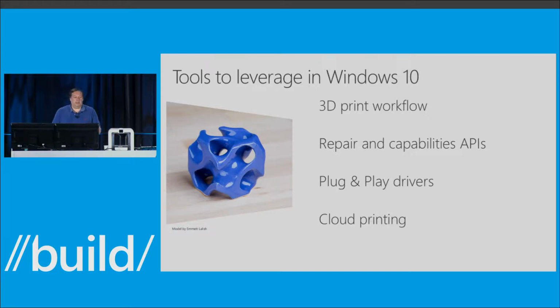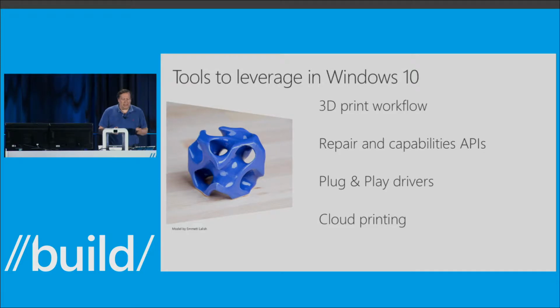Repair, what we call repair, many other people call it healing or fixing, but what we call repair is fixing a model so that it can be prepared to print. A model could be filled with holes. If you had for instance, an animation program, and that animation program had a bunch of cartoon characters in it, it doesn't have to be a solid model.